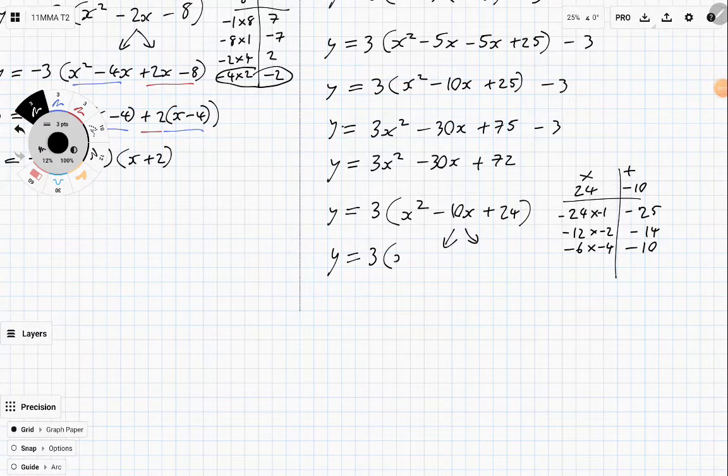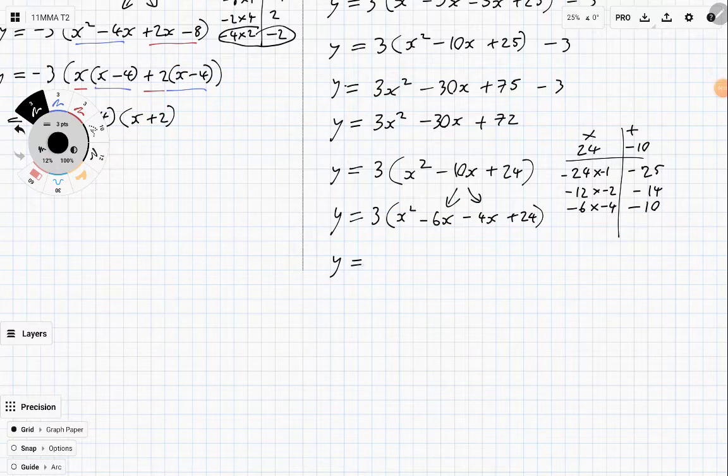We get x squared minus 6x minus 4x plus 24. Factorize bit by bit. Once again, be conscious of signs. So x minus 6, so I want the other one to have x minus 6, so I'm going to take out negative 4 here.